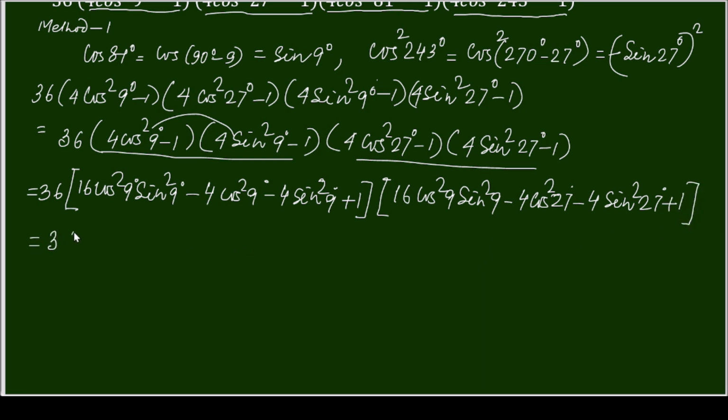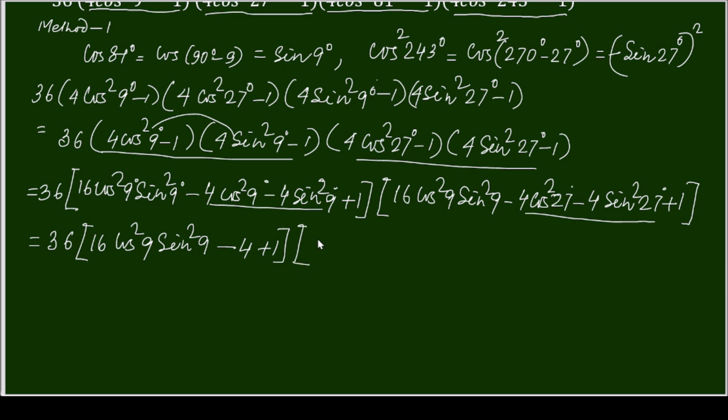Again on simplification, I'll take these two together, taking minus 4 common, cos square 9 plus sine square 9 makes 1. Here also the same thing, it makes 1. So it will be 16 cos square 9 degree sine square 9 degree minus 4 plus 1.